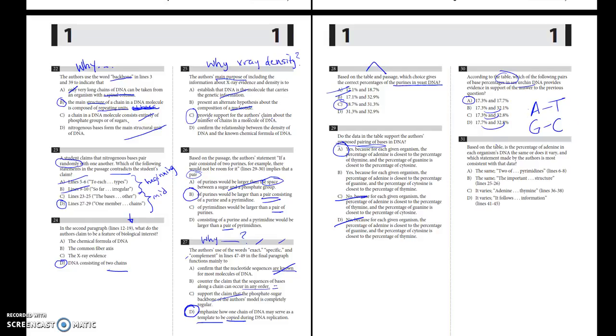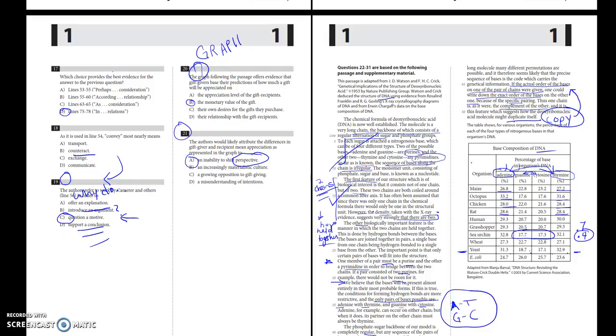Okay, so based on the table again, is the percentage of adenine in each organism's DNA the same, or does it vary? And which statement made by the authors is most consistent with that? So we need the same, or it varies, it varies. Okay, so again, pay attention to how these questions are being asked. Are they the same?